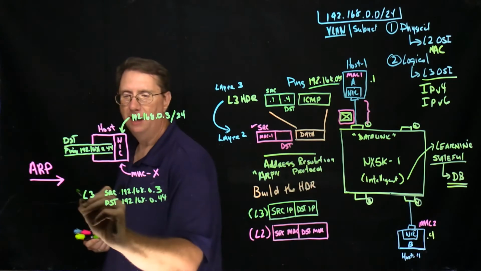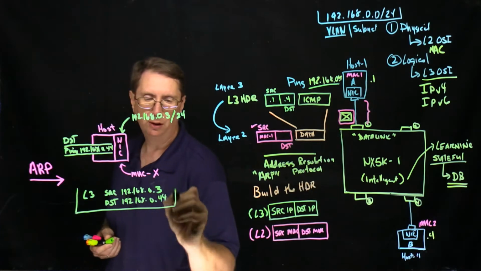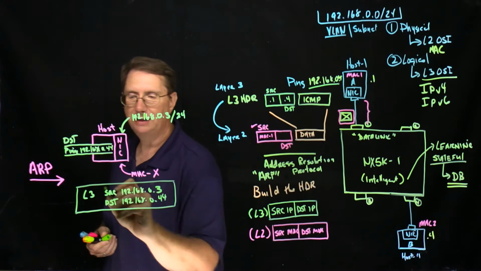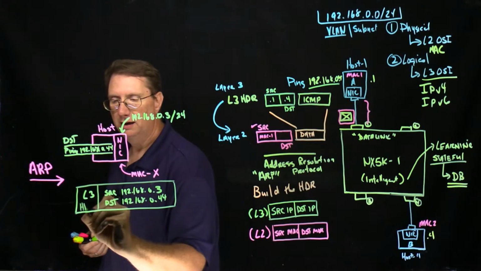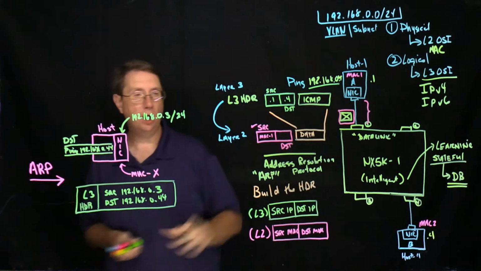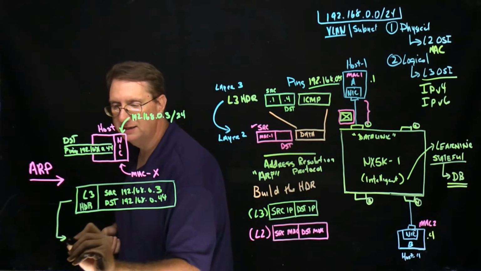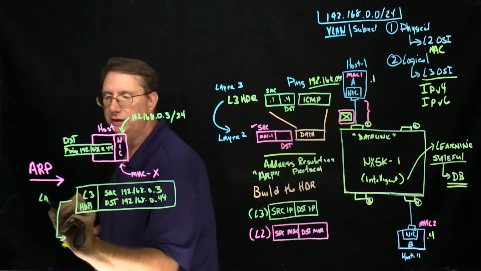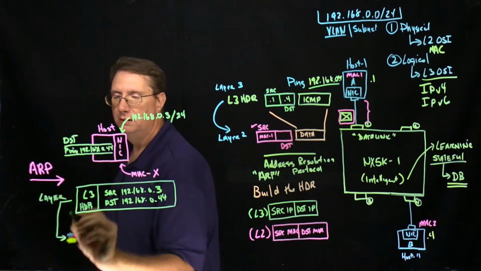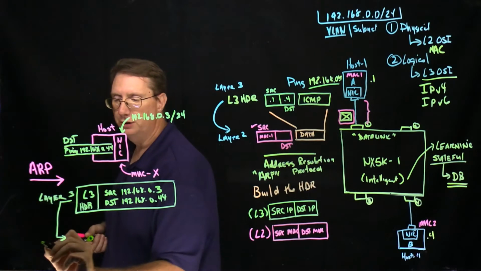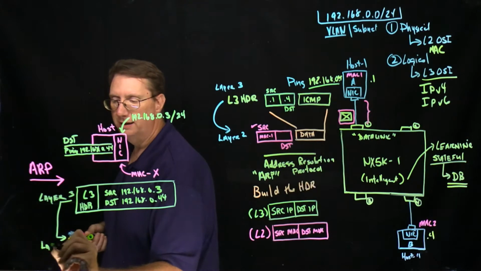Everything is specified here, thus allowing me to create my layer 3 header. And based on the operation of the OSI model, I'm going to pass this down from layer 3, the network layer, to layer 2, the data link layer.